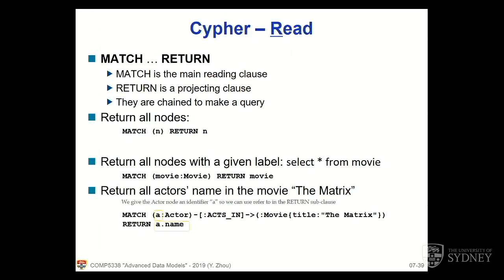Here a is a variable and it's used here, but we do not need to return the relationship, so there's no name. It starts with a colon, and we don't need to return anything about the movie, so we don't bother to give it a name. Only the actors we are interested in, so we give them a name and then we can refer to it later.